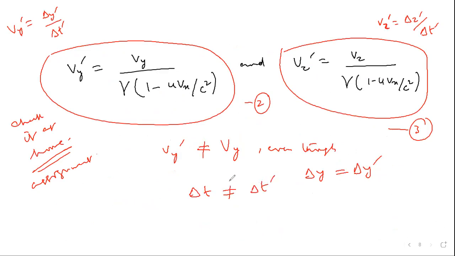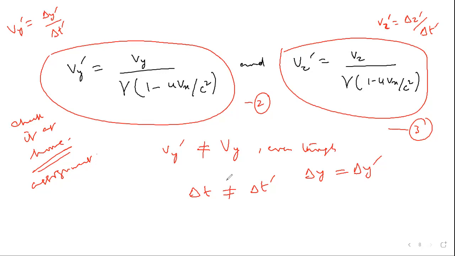Similarly, Vz prime is not equal to Vz, even though delta z and delta z prime are equal, because delta t is not equal to delta t prime. This is another example of the difference between the way the Galilean and Lorentz transformations deal with the time coordinate.